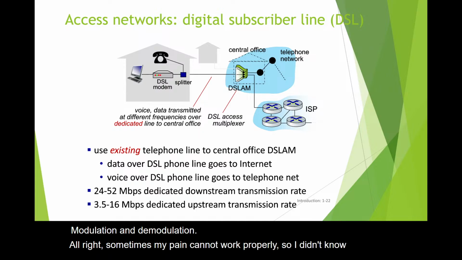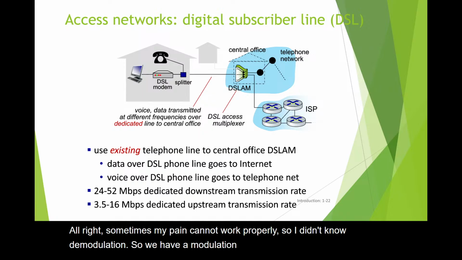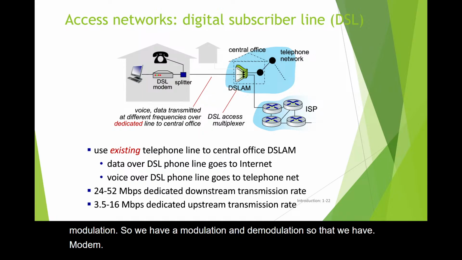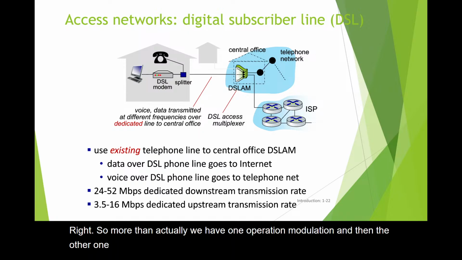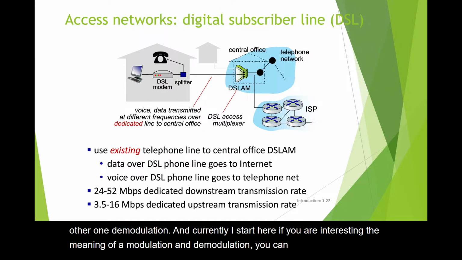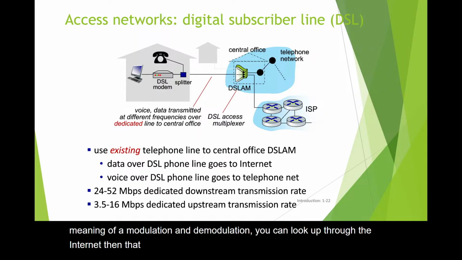So we have modulation and demodulation, so that we have a modem, right? Modem actually has one operation, modulation, and then the other one, demodulation. And currently I stop here. If you are interested in the meaning of modulation and demodulation, you can look it up on the internet. And of course we have a splitter similar to the previous one, but right now it's DSL.